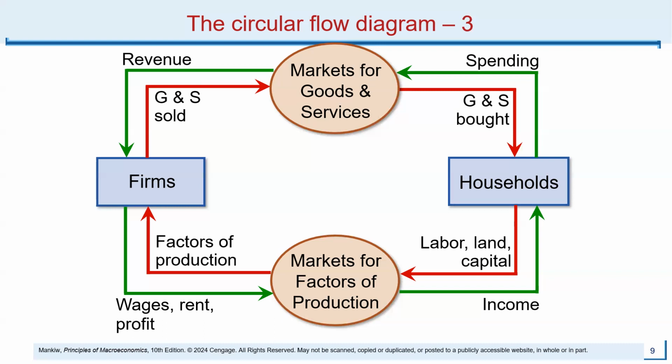Then how do the firms interact with this goods and services market? They sell all those goods and services that are produced by the firm. In exchange, they get the revenue, right? All those arrows illustrate the flow of the resources.